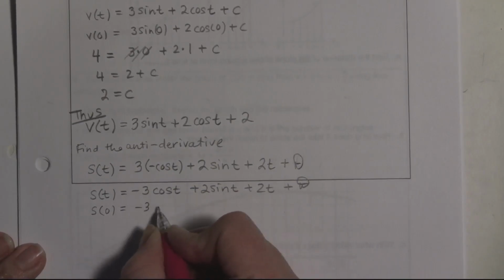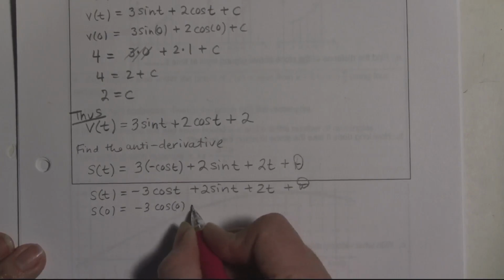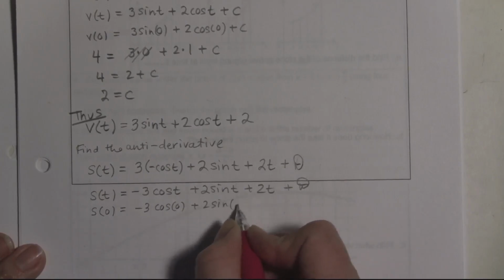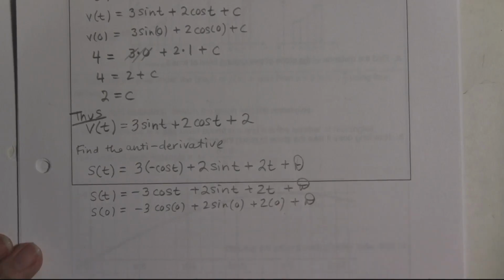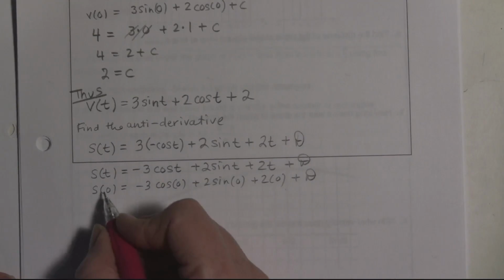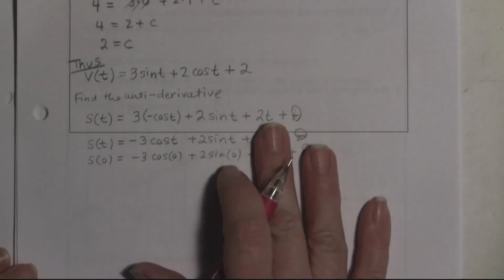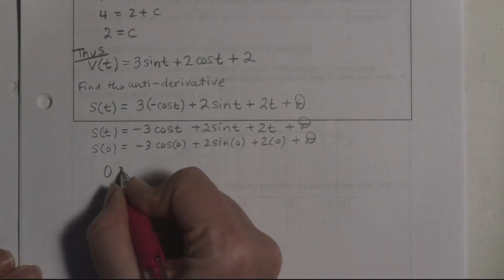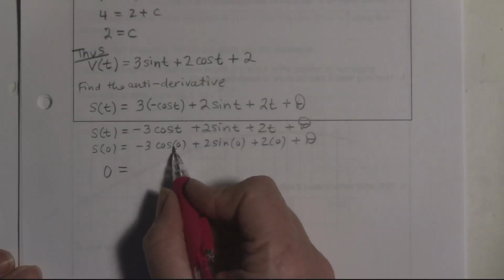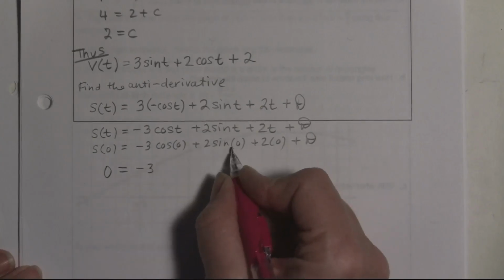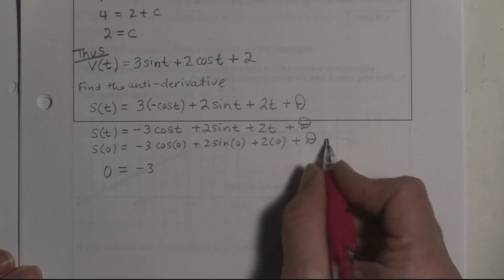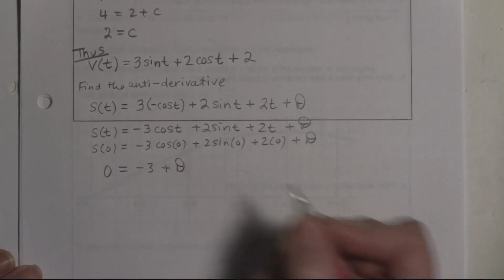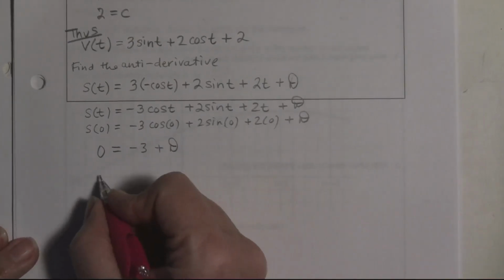So that's minus 3 times cosine of 0 plus 2 times sine of 0 plus 2 times 0 plus the fancy D. And s at 0 is equal to 0. So 0 equals, cosine of 0 is 1, so minus 3. Sine of 0 is 0, so that's gone. Plus 2 times 0, that's gone. Plus the fancy D. And so the fancy D is equal to 3.